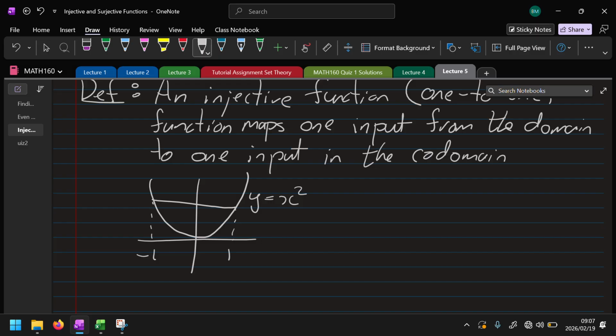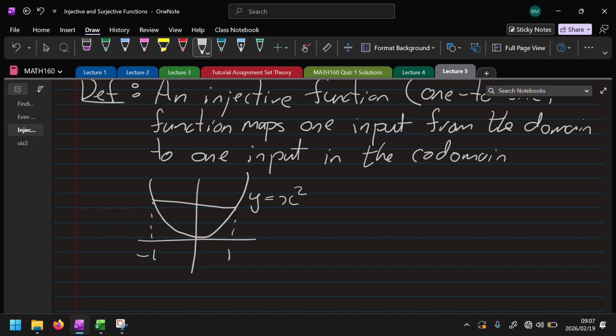Where does -1 from the domain go to in the codomain? 1, yeah. Where does 1 go to? 1. They both go to 1. We have 2 to 1: two elements go to one element in the codomain.